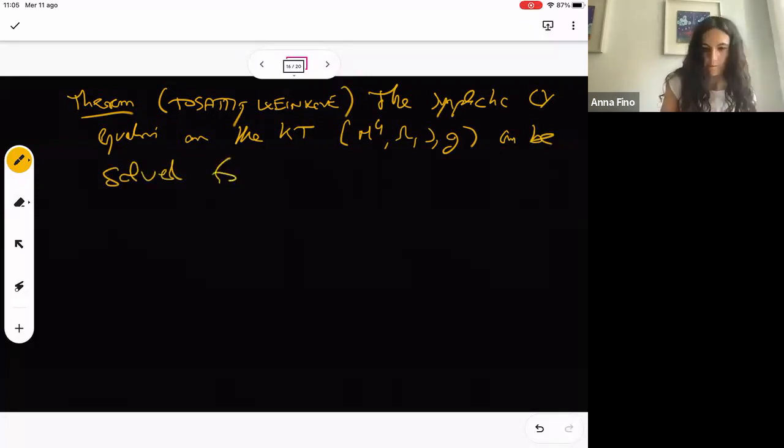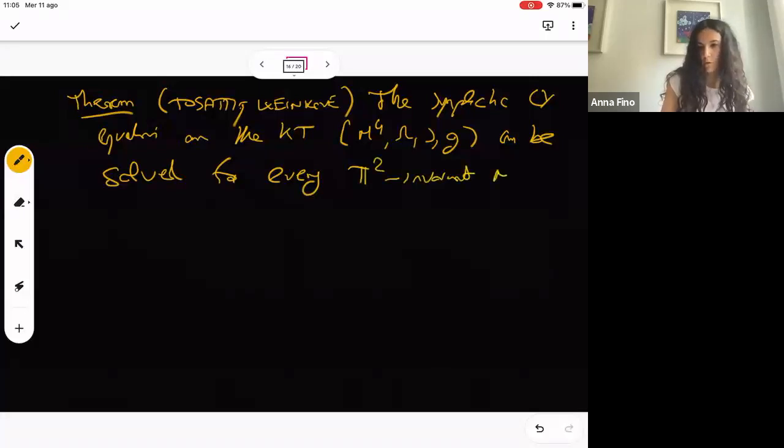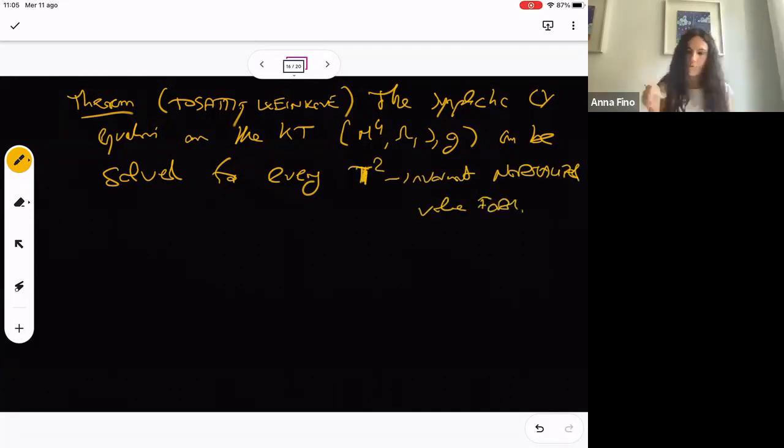For every T2-invariant normalized volume form. So it's not for every volume form, but just T2-invariant. That allows us to reduce the problem to something working on the base.